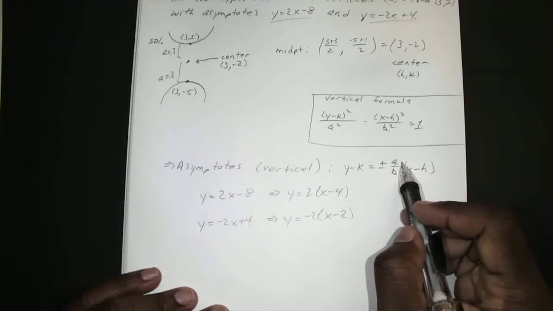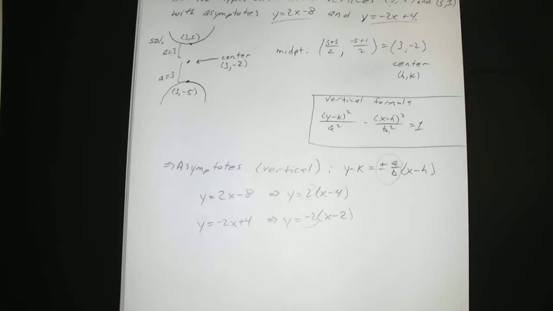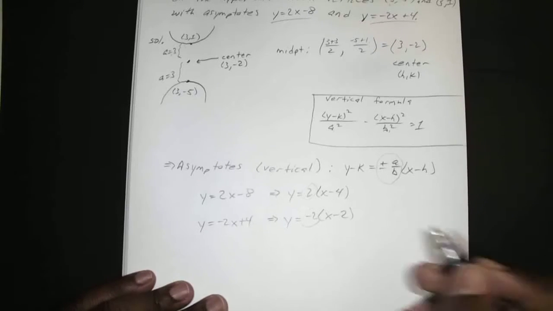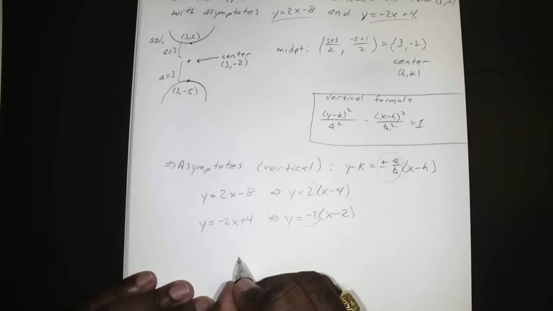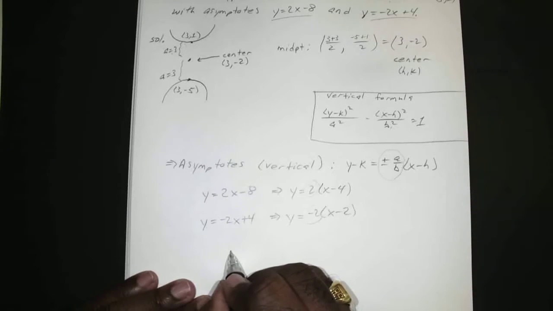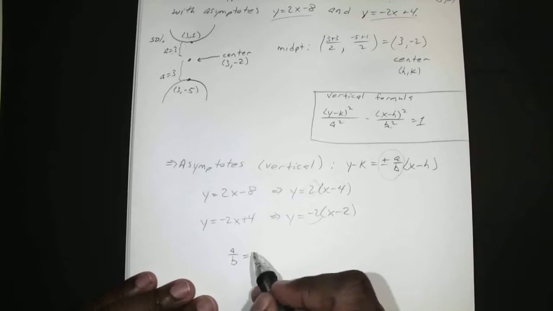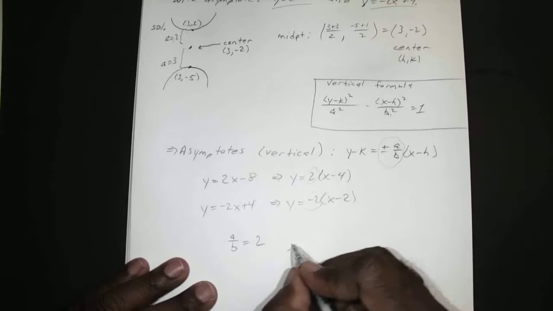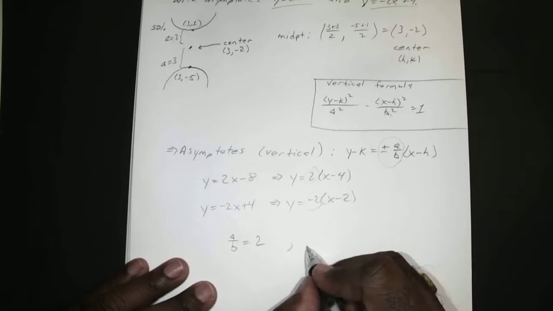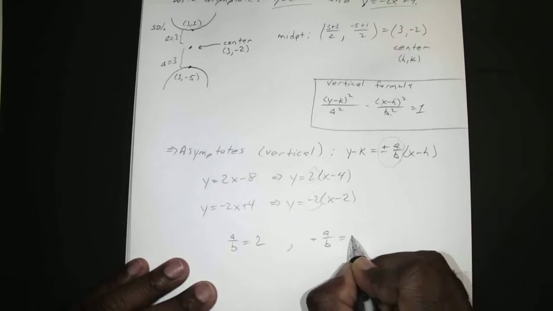All right, so if we match these up to be our plus and our minus, we know that a over b is equal to +2, which means -a over b is just -2.